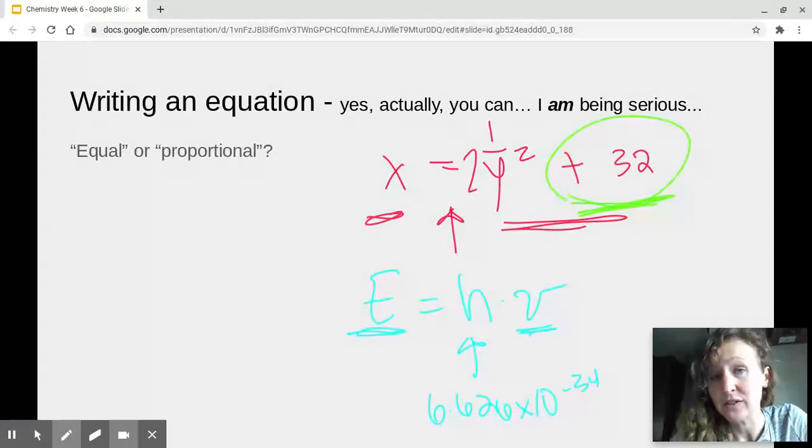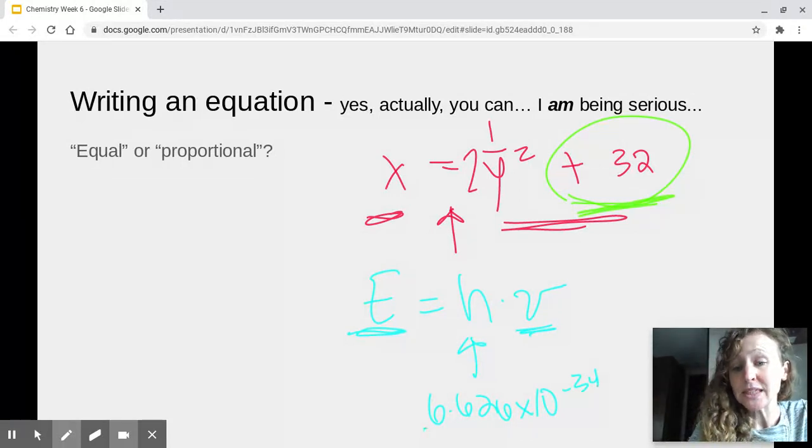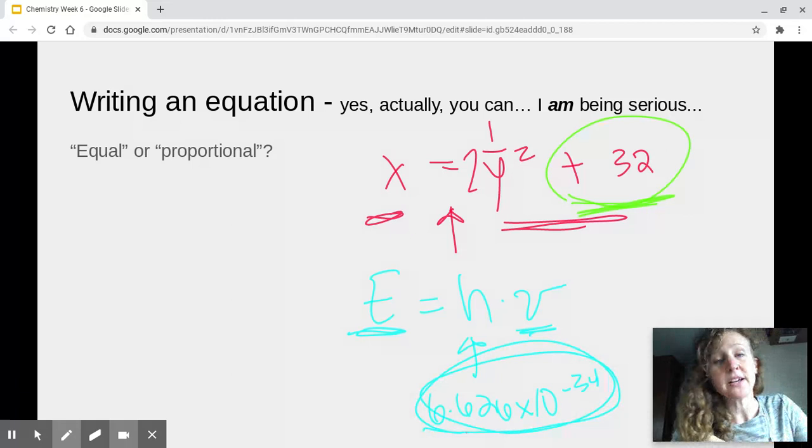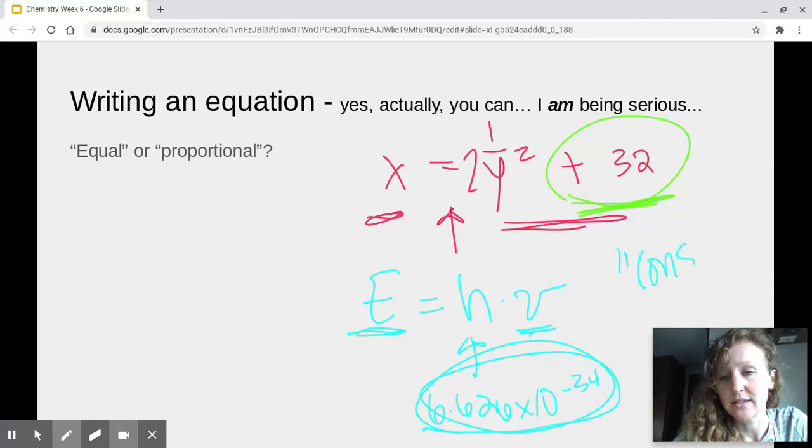That number did have units on it, joule seconds. That number had a name. It was called Planck's constant, but really, it's just a number, because what they found when exploring this relationship between energy and frequency was that relationship was very consistent, but it was always off by the same number. And so they calculated what that number was, and that number becomes what we call a constant.